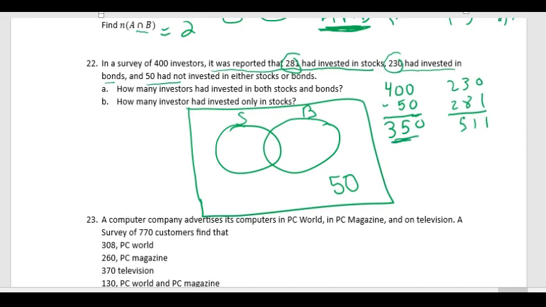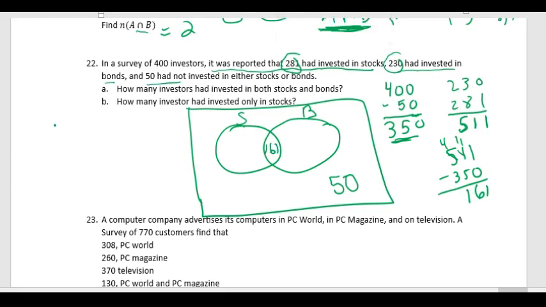That means that some of these people are being reported twice. So to find that intersection, we can subtract 511 minus 350, and we get 161. So what this means is that 161 people actually invested in both.